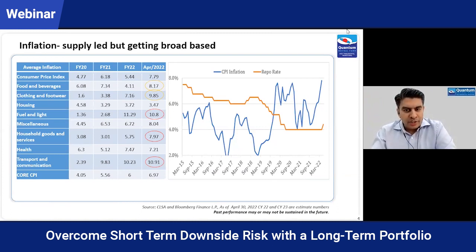If you look at those red circles, that is where we can see some stickiness in inflation, given fuel and light. For example, electricity prices have not gone up, kerosene prices have not gone up. That will lead to a further increase in the fuel and light basket, and that is where we see more inflation coming. Household goods and services, as companies pass on the input cost pressures to consumers, that is where goods and services will also get pricey.